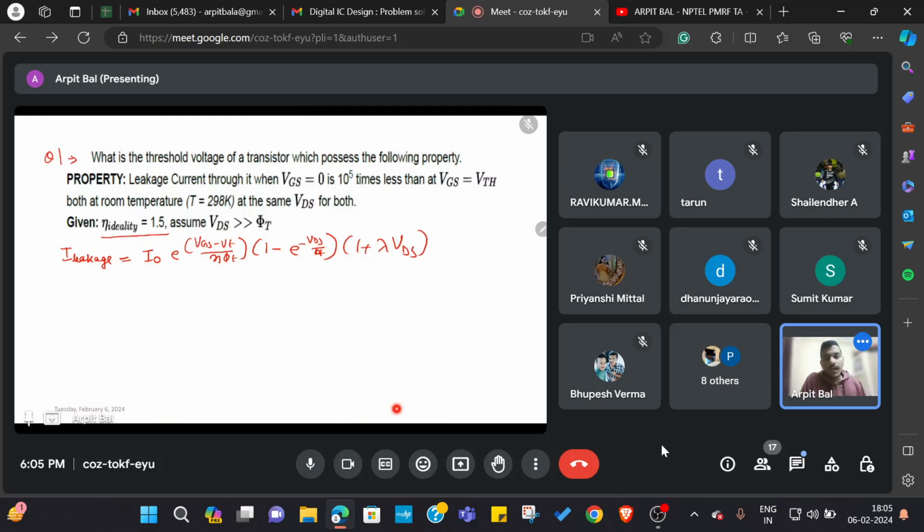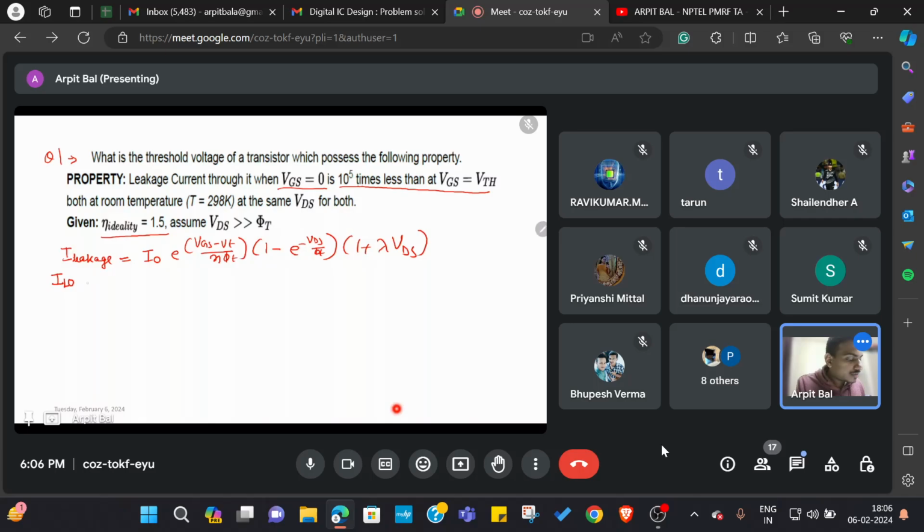Now let us use the information that is given to us. We know that the leakage current obtained when VGS is equal to 0 is 10 to the power 5 times less than at VGS equal to VTH. Let me call the leakage current for VGS equal to 0 as IL0.